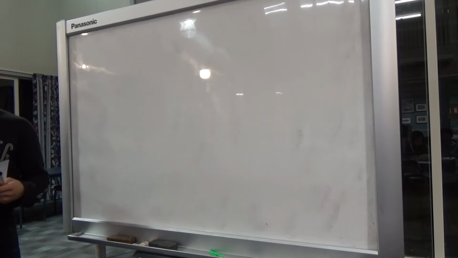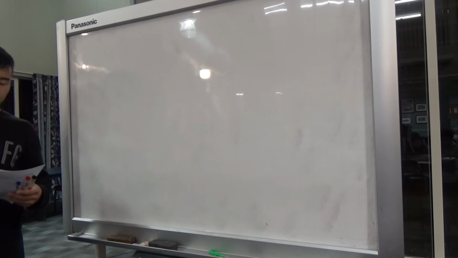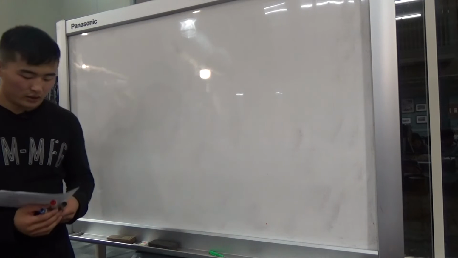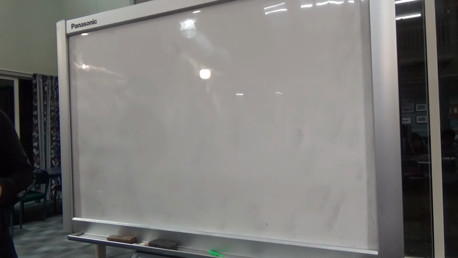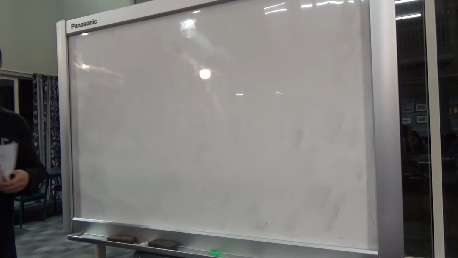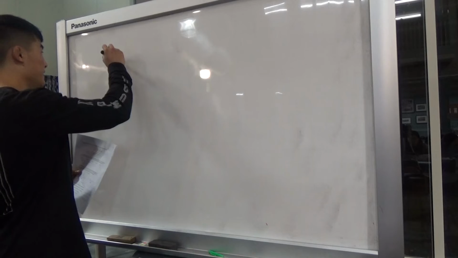So it's traveled through a potential difference of 6 volts, and we want to find out how much work has to be done against the electric field in order to complete this movement.